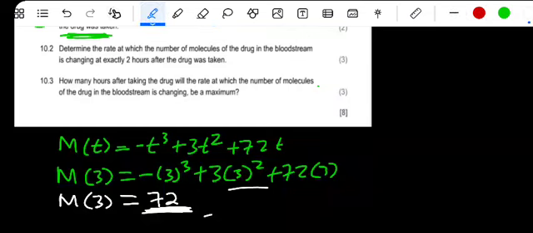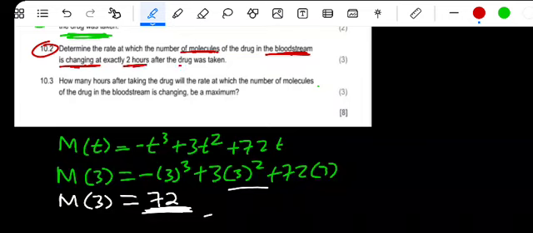Now for 10.2: determine the rate at which the number of molecules of the drug in the bloodstream changes exactly 2 hours after the drug was taken. What is the rate?